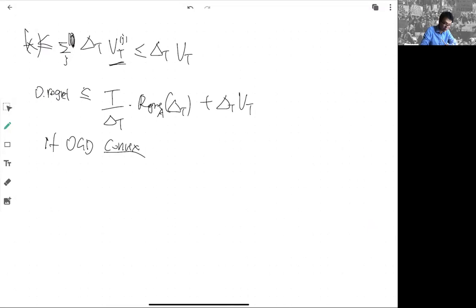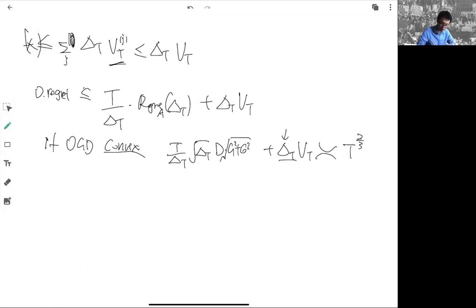So the regret bound is T over delta T times square root of delta T times G squared plus sigma squared. This is something you should have worked out in the homework. In the second step, you have this V_T, and if you choose delta T appropriately to balance out these two terms, you will get T to the power of 2/3 and V_T to the power of 1/3.